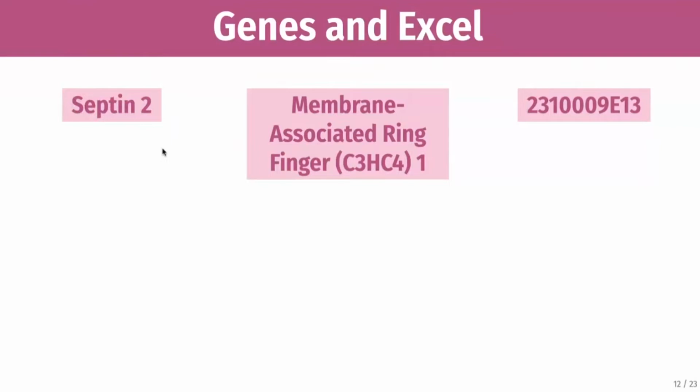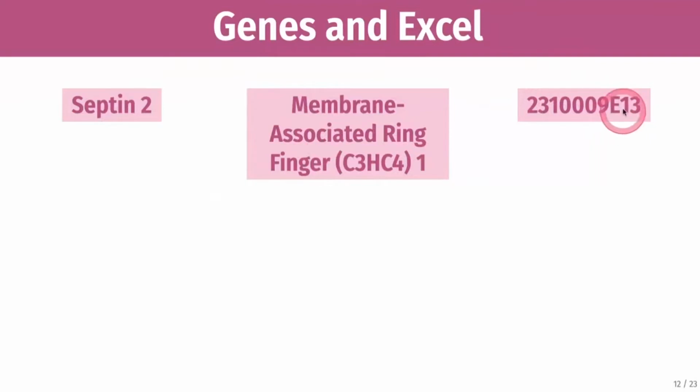Yes, it will convert to September 2nd. Because Excel sees that and says, oh, they spelled September wrong, and they'll change it to September 2nd. Same thing with this. This will actually turn into March 1st. And this is a trickier one. Excel will see this and then think that it is a number.